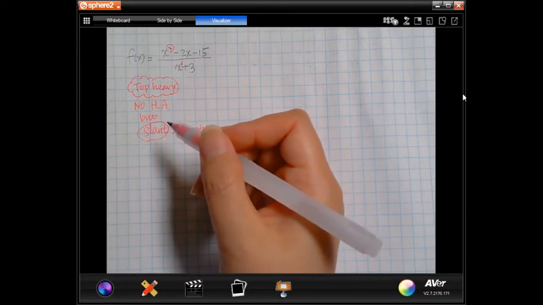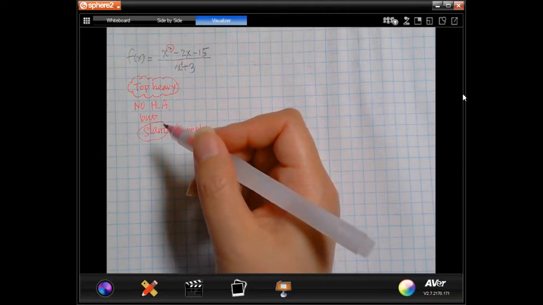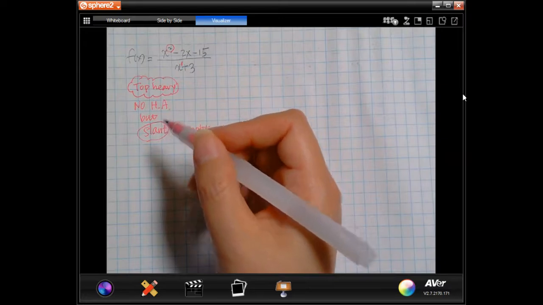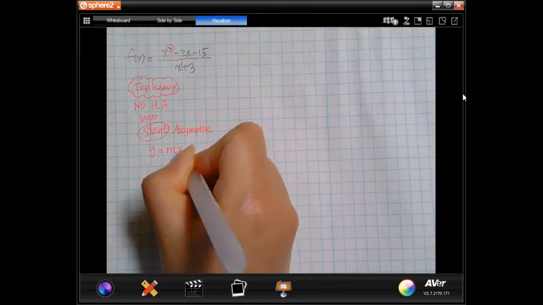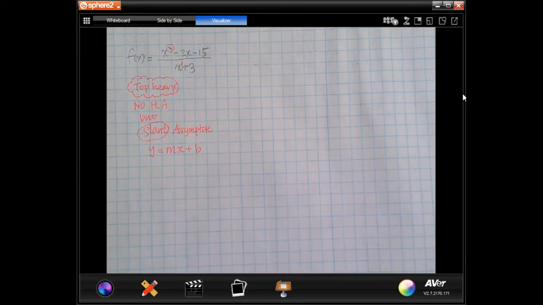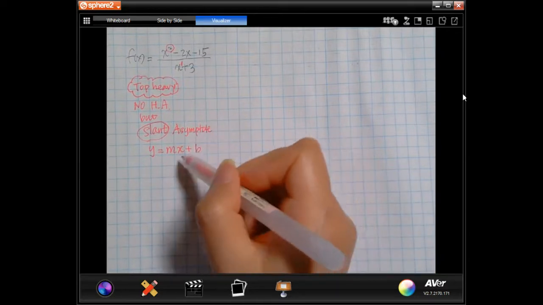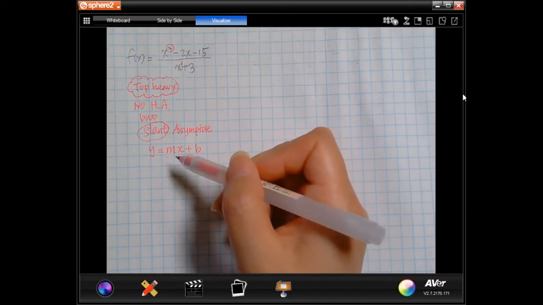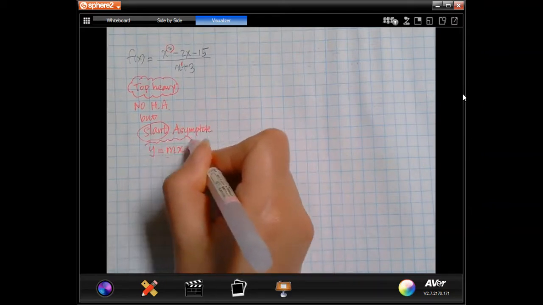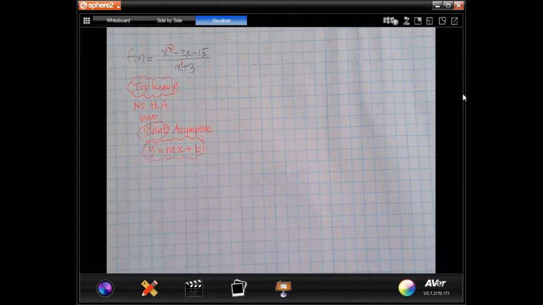One of the functions that we studied is the linear function. The linear function is a straight slanted line based on this format, y equals mx plus b. It does have slope, and it's slanted, right? So you expect to have this one here.